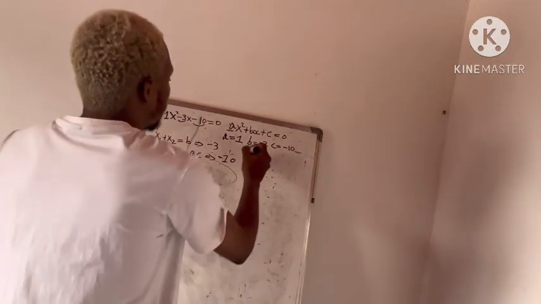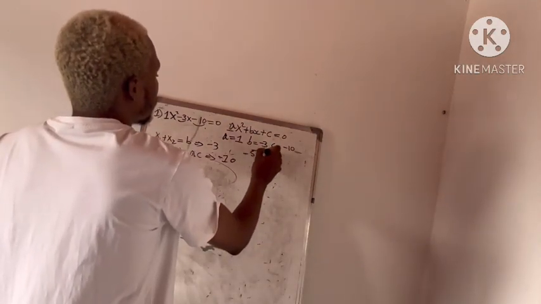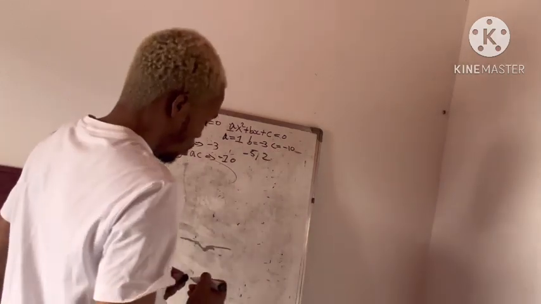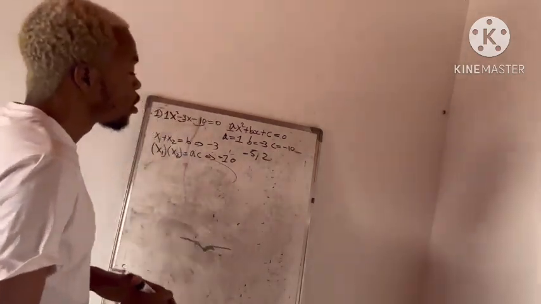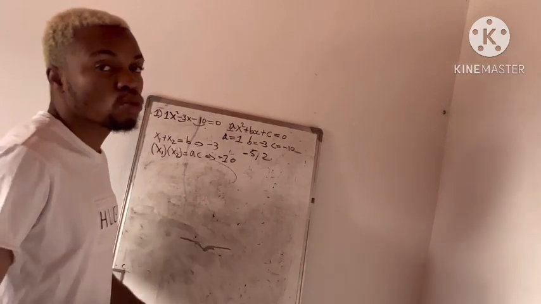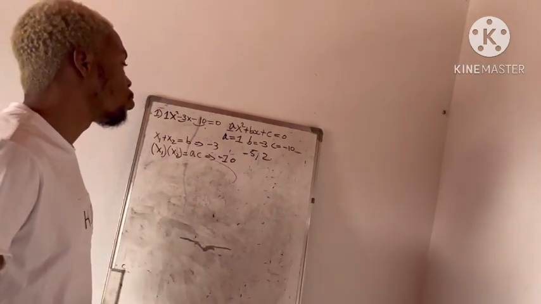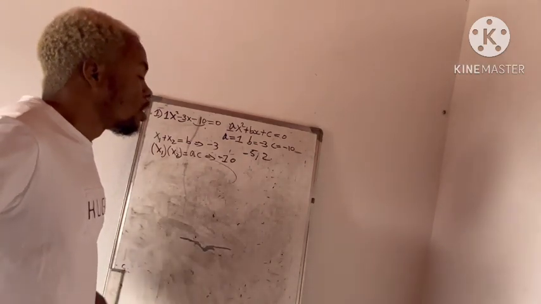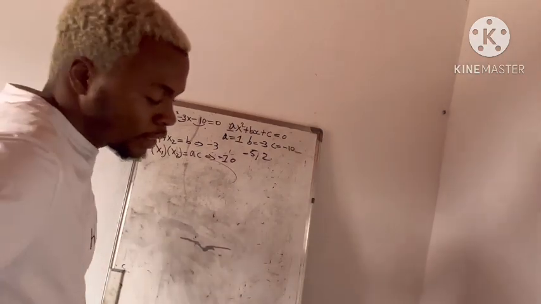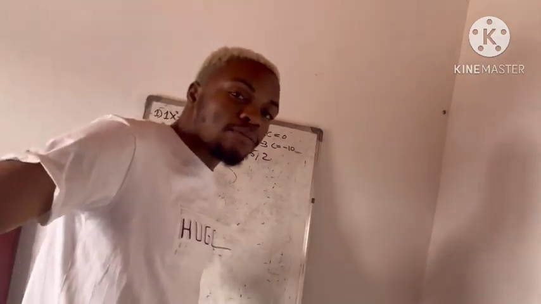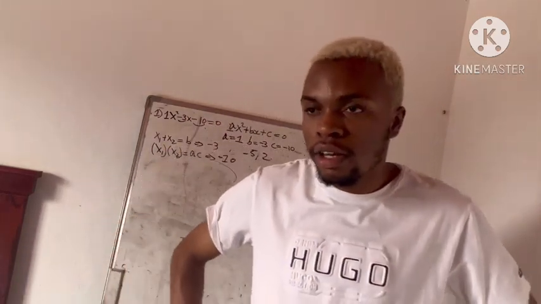Yes, let's say -5 and 2, because -5 times 2 is going to give you -10, and -5 plus 2 is going to give you -3. Yeah, -3.